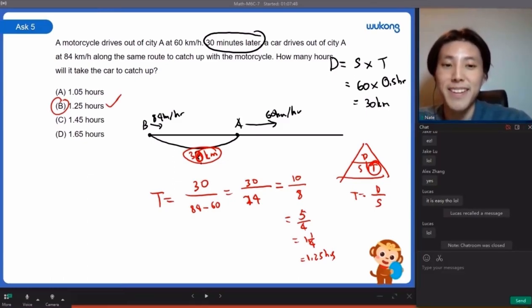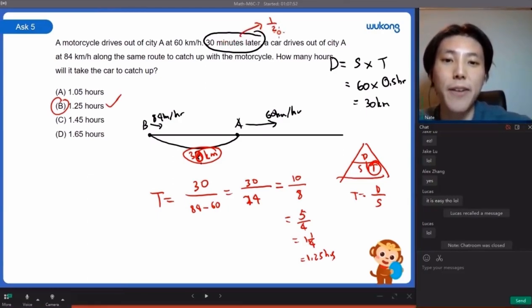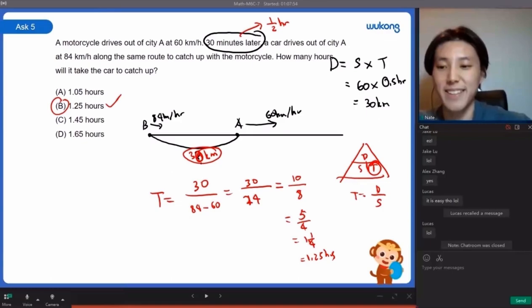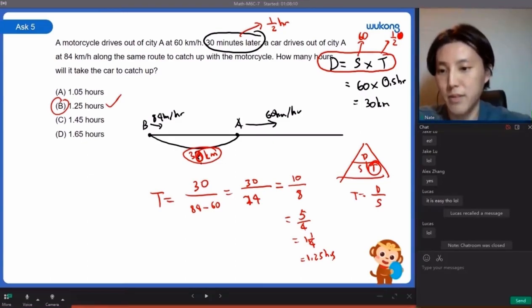So 30 minutes in terms of hours is half an hour, right? So 60 divided by 2 is 30 km. Or if you're confused, just use this relationship. Time is half. Speed is 60. 60 times half is 30. So A traveled 30 kilometers ahead of B.